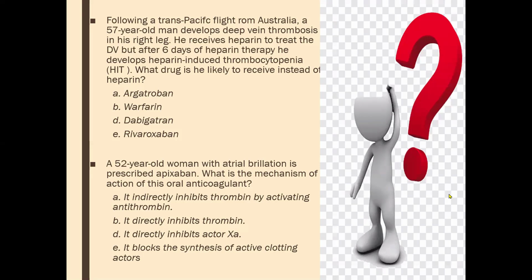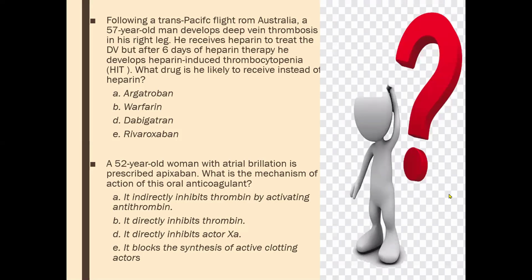Yes, parenteral direct thrombin inhibitor. So, warfarin and dabigatran are all oral anticoagulants. The alternative to heparin would be argatroban. This is also parenteral, and it is a direct thrombin inhibitor, whereas heparin is an indirect thrombin inhibitor.